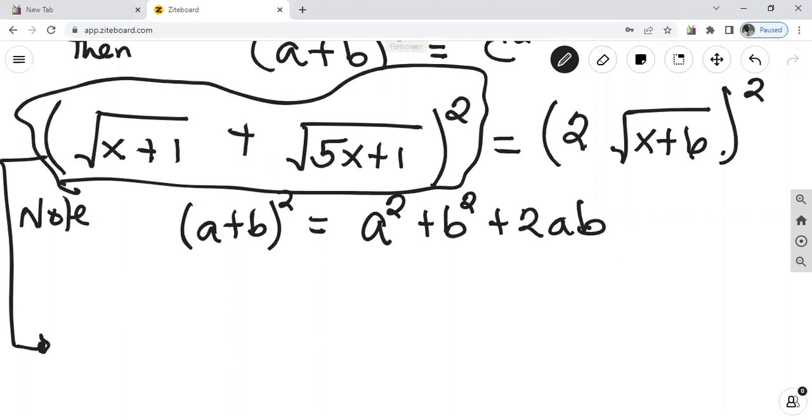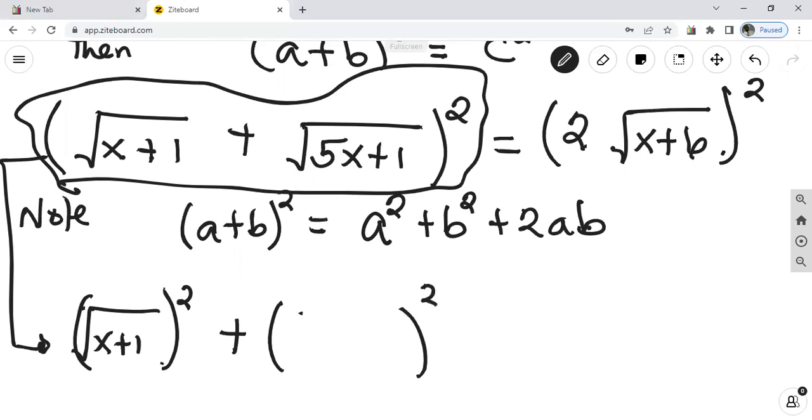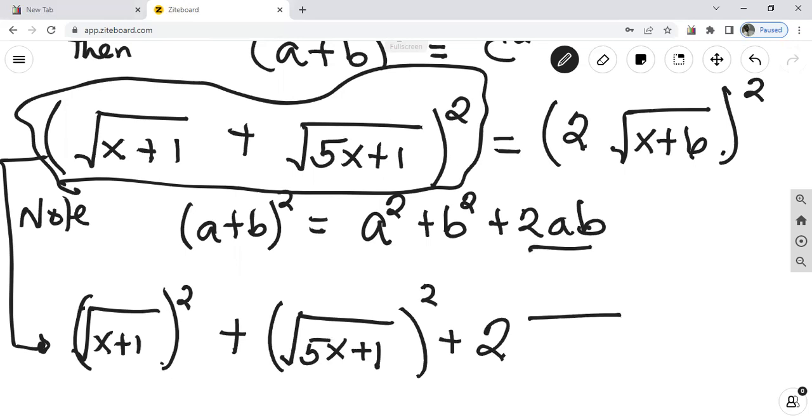And if you expand that, you get the square of the square root of x plus 1, plus the square of the square root of 5x plus 1, plus 2, just as we have it here, of what?